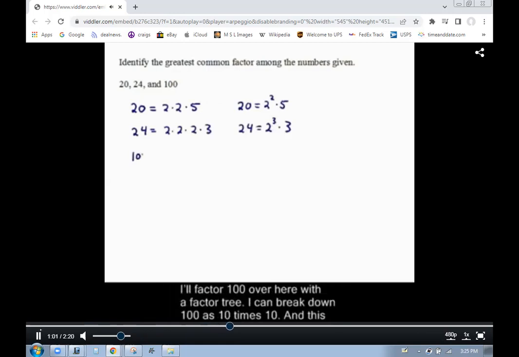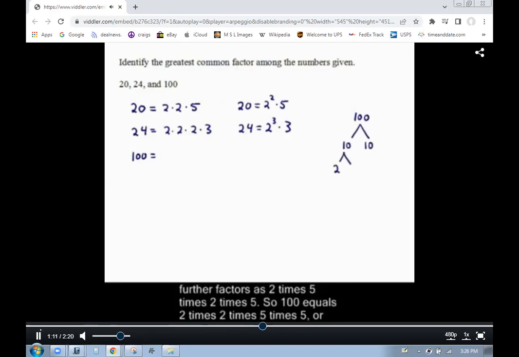I'll factor 100 over here with a factor tree. I can break down 100 as 10 times 10, and its further factors as 2 times 5 times 2 times 5. So 100 equals 2 times 2 times 5 times 5.